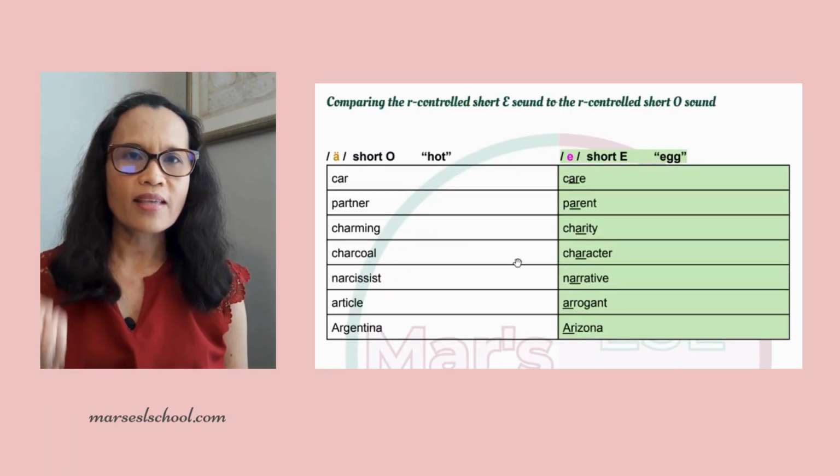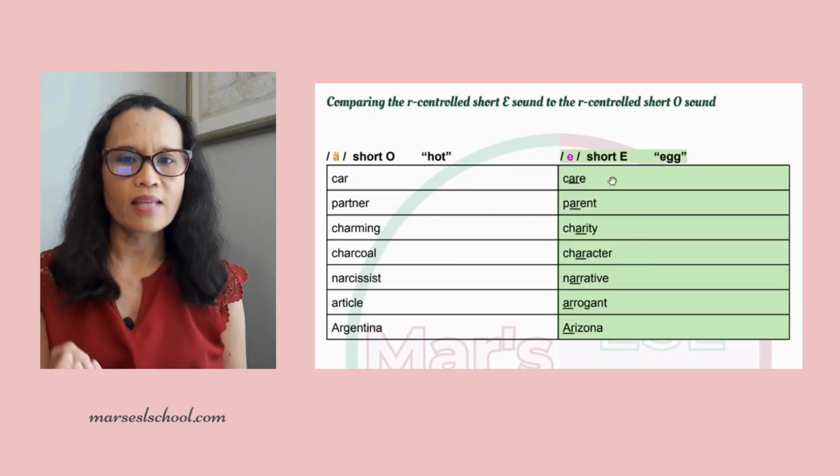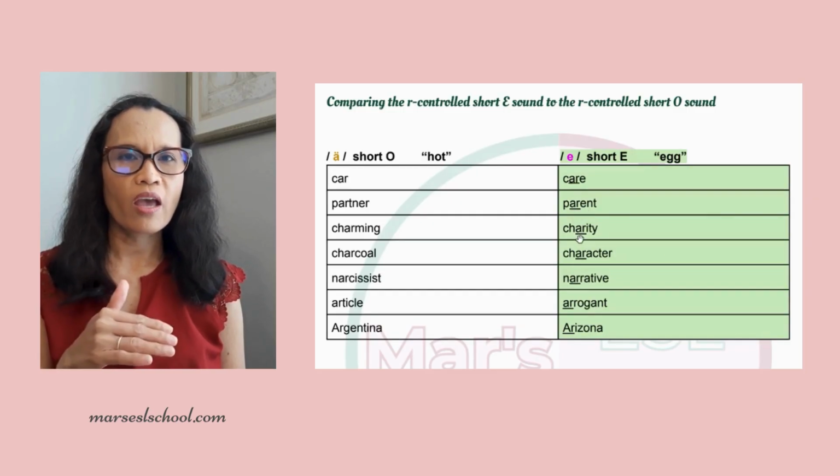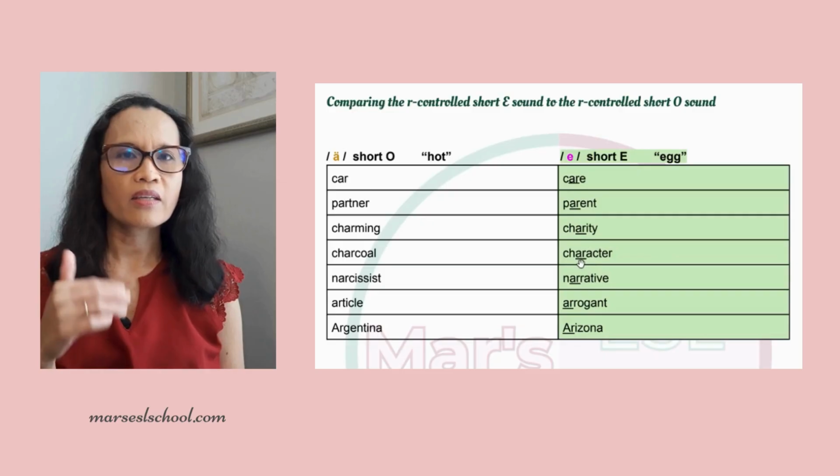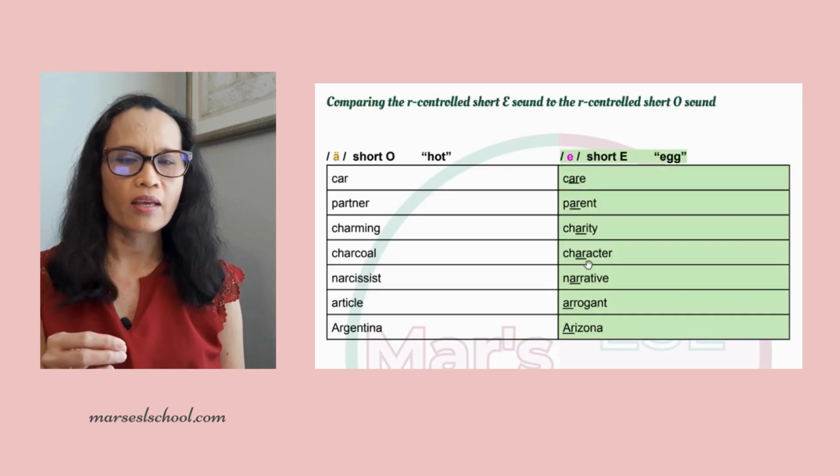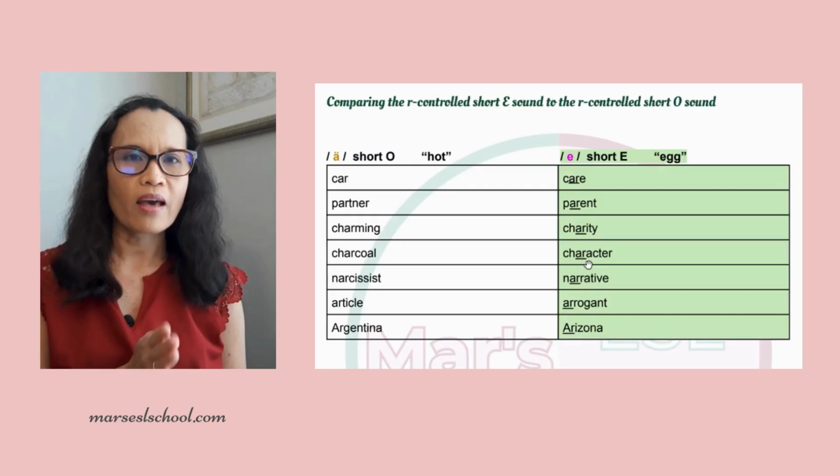Now let's look at our examples for the R-controlled short E sound. We have words like parent, charity, character. So we have AR in the spelling also. Now in parent, AR is followed by an E. In charity, AR is followed by an I. In care, character, AR is followed by a letter A. And these are all vowel letters.